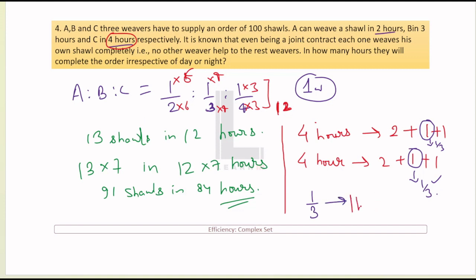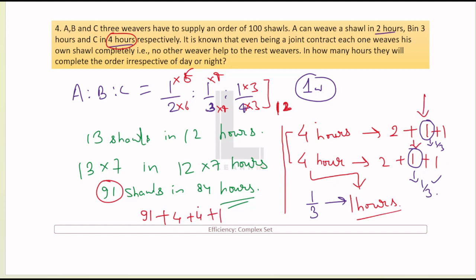Total number of hours that we are having is 4 plus 1 plus 1 plus 91. Remember, here you would make a mistake. If I would show you the options, you would make the mistakes here.